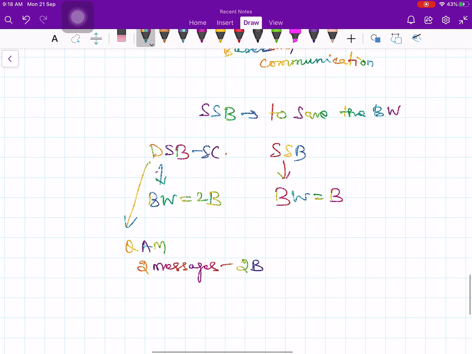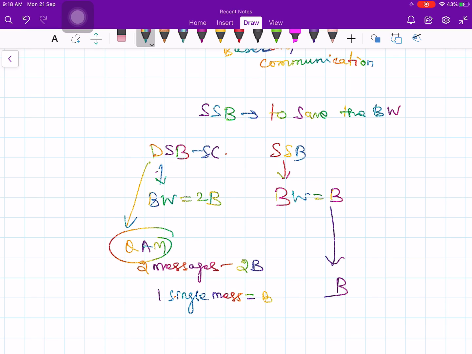Therefore, what is the bandwidth of a single message? Again, B hertz. And here also the bandwidth is B hertz. So if you use quadrature amplitude modulation, then there is no saving of bandwidth between DSB-SC and SSB. Therefore, for all practical purposes, they are equivalent if you can exploit that in a particular application.